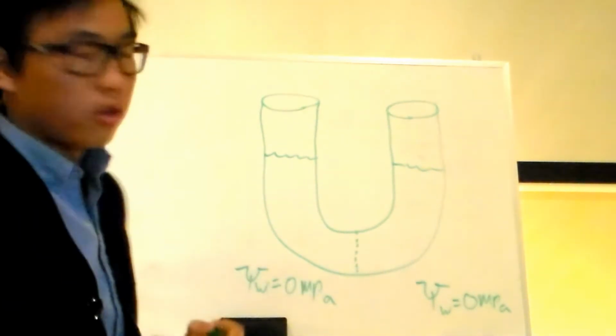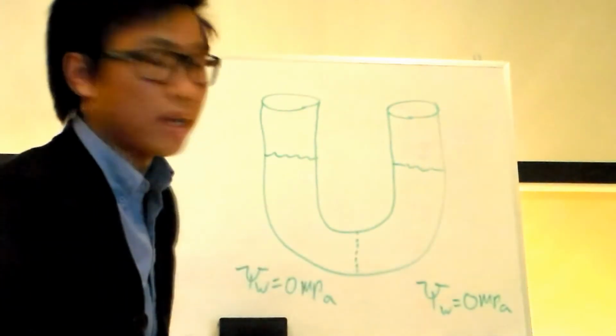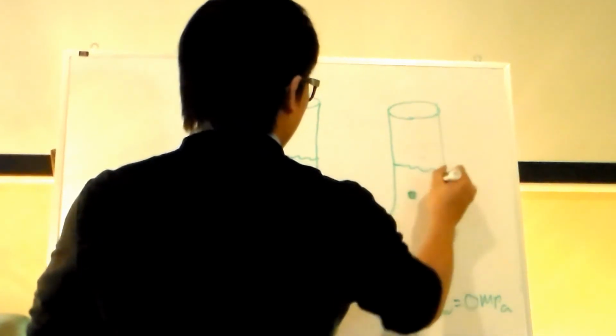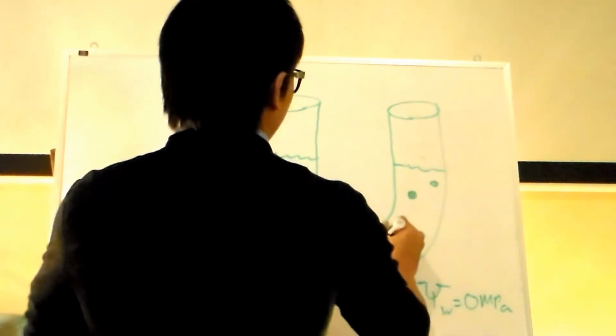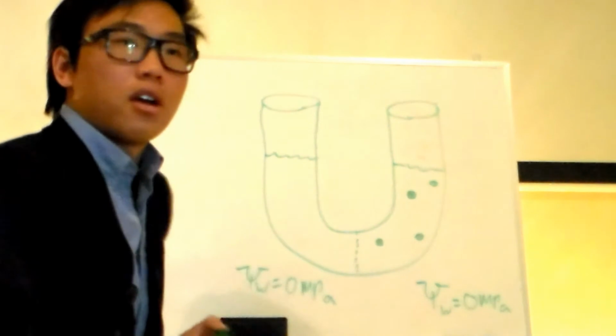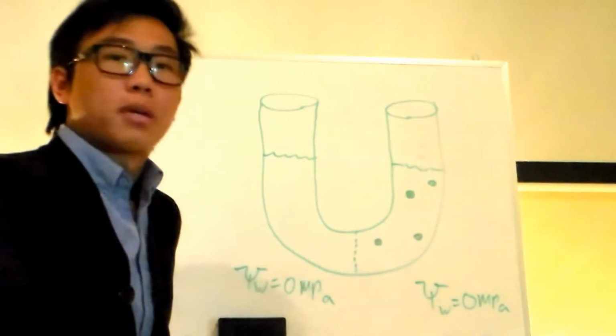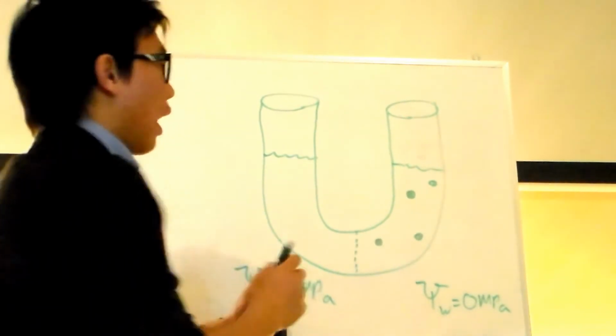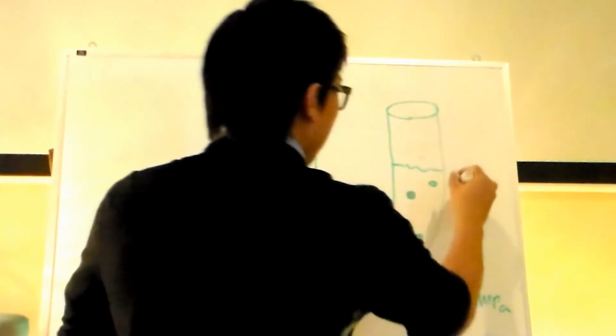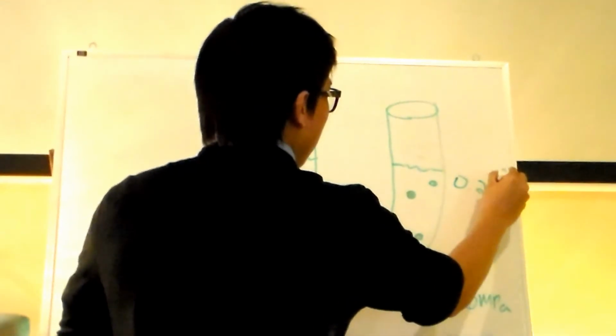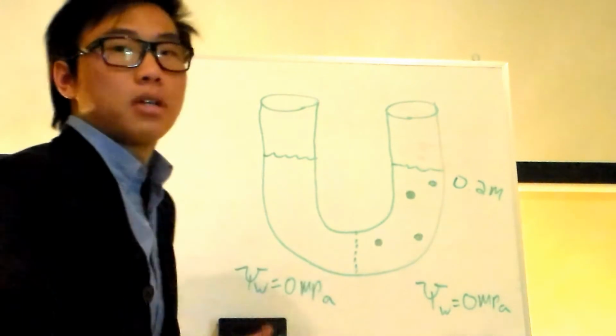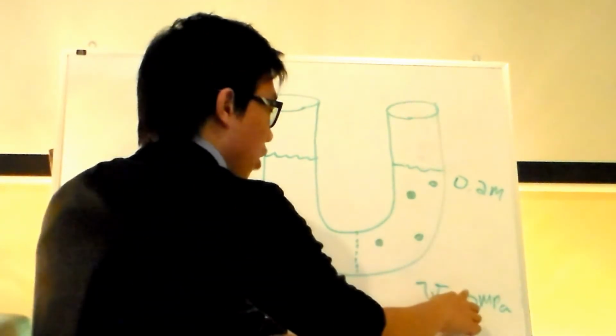However, if I were to add solutes to the right side, this will decrease the solute potential because solute molecules bind to water molecules. Let's say this is a 0.2 molarity. By decreasing solute potential, we are dropping the overall water potential.